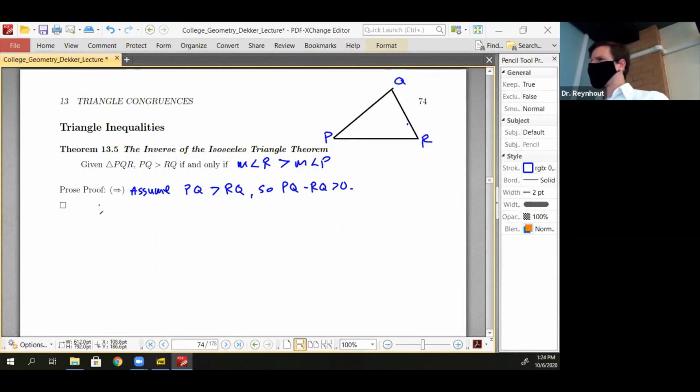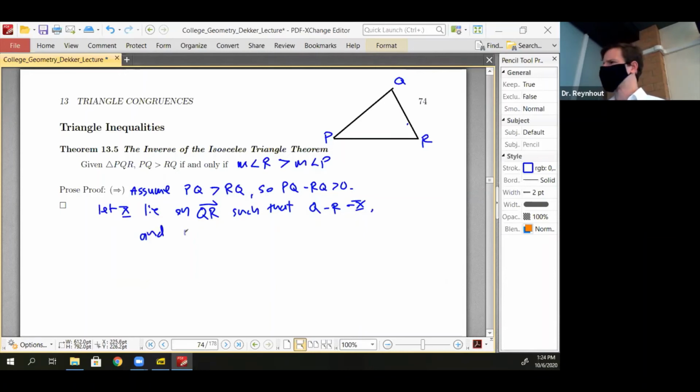So let's go ahead and let X, it's a capital X, so it looks like the Roman numeral 10. Wanted to make sure capital was clear. So let X lie on the ray QR such that R is between Q and X, so Q, R, X, and we have that the distance from R to X is equal to PQ minus RQ, which is possible because of the ruler postulate.